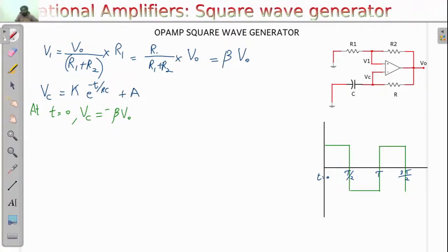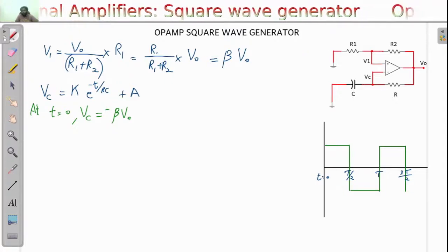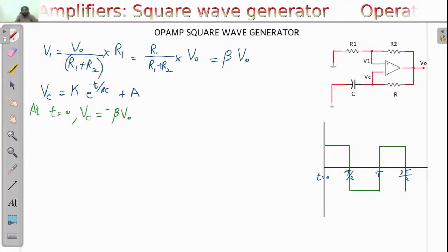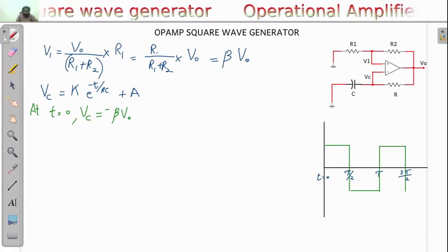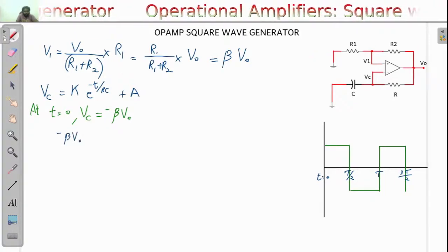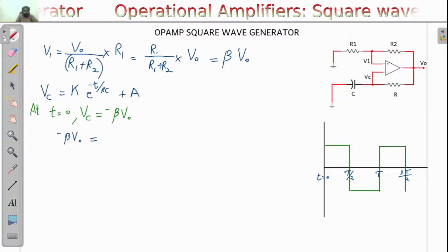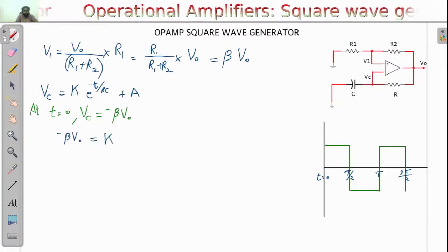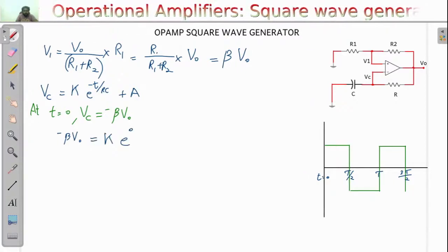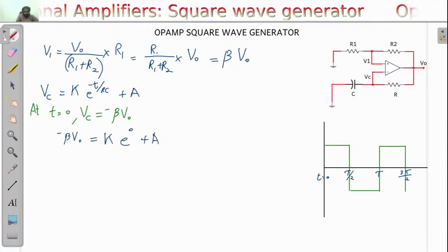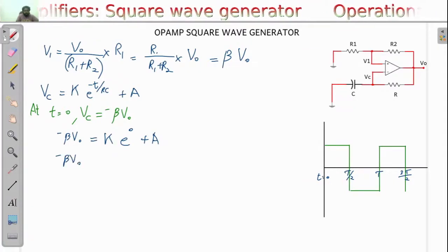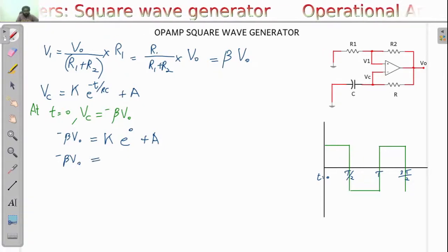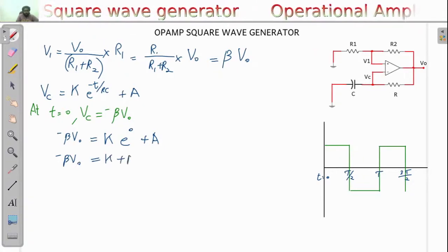So if this is the condition, we can apply it here. We get minus beta VO equal to K times e raised to 0 plus A. e raised to 0 is 1, so minus beta VO is equal to K plus A.